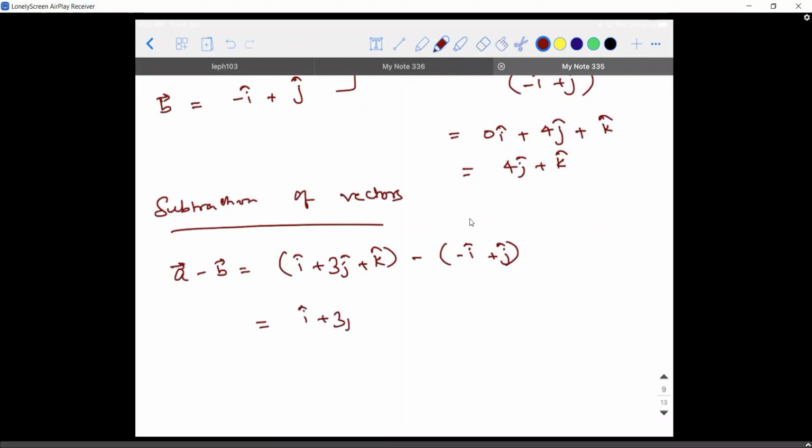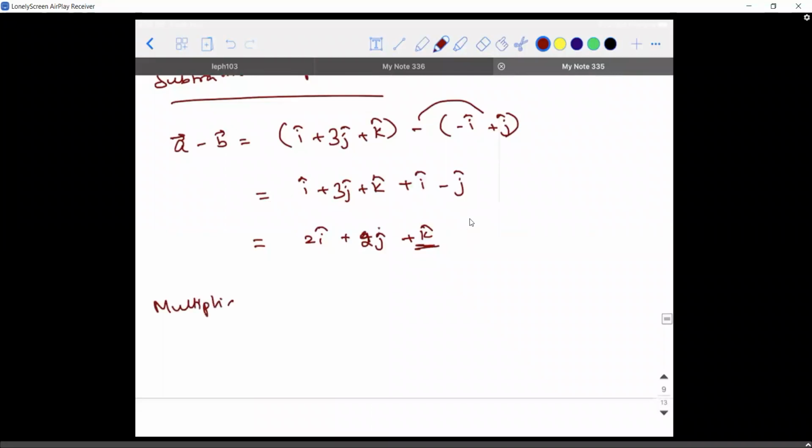So i cap plus 3j cap plus k cap, minus of minus is plus i cap, minus into plus is minus, so minus j cap. So what am I going to get? 2i cap plus 2j cap plus k cap. So this is what is A vector minus B vector. The next two operations that are there are multiplication and division, right?